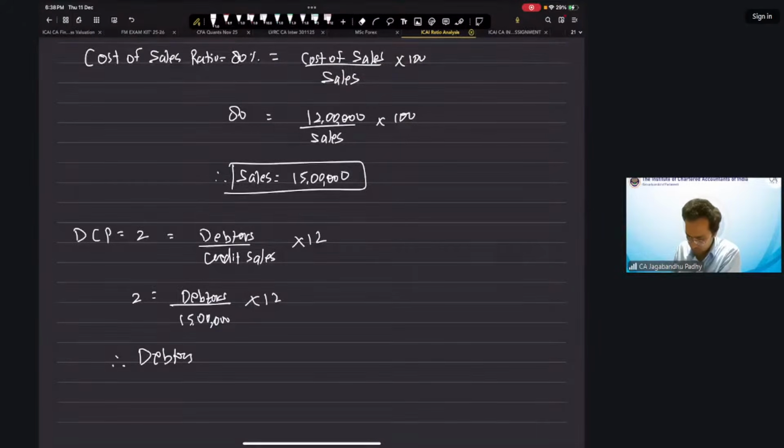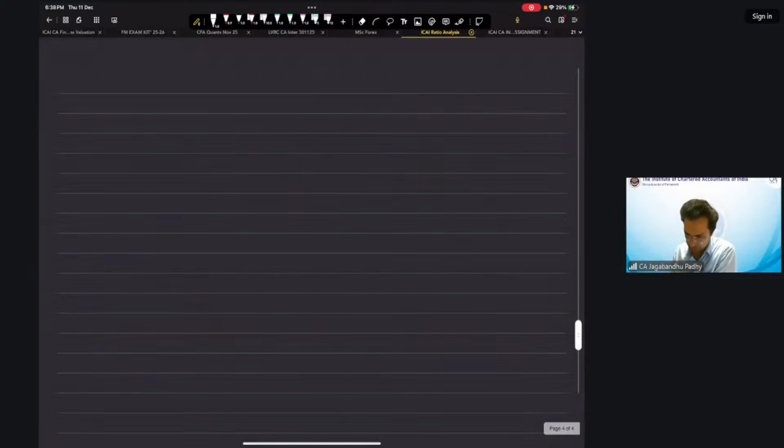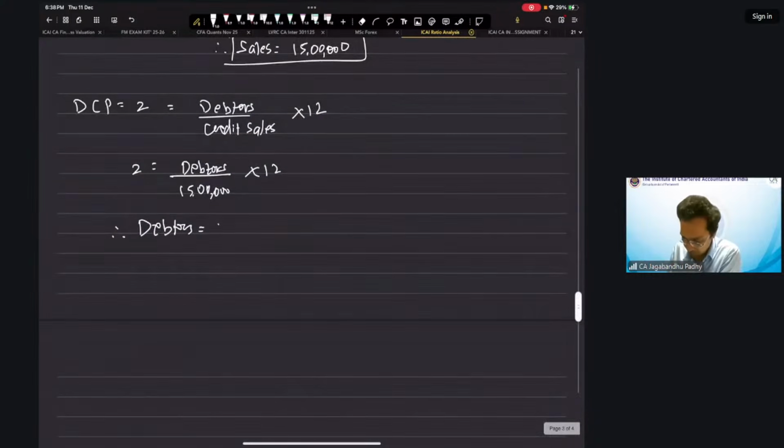And therefore, the value of debtors is going to be equal to 15 lakh into 2 by 12.